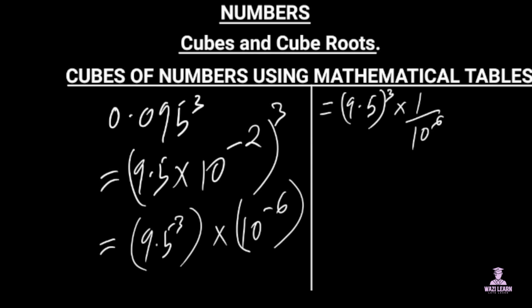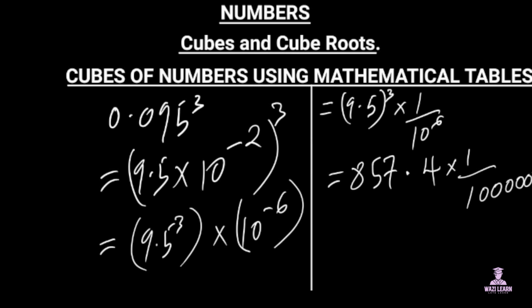raised to 6. So using our mathematical table, go to column x and go up to 9.5. You find it is 857.4, times 1 over 10 raised to 6. So you will go 6 steps forward, 1, 2, 3, 4, 5, 6.